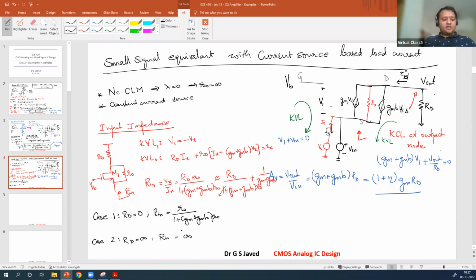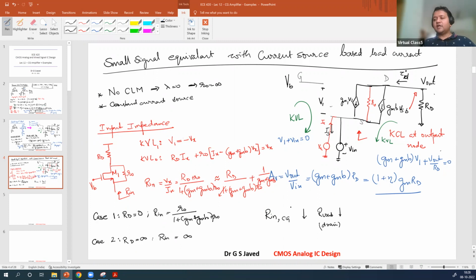So if your load impedance is a realistic value, then only the common gate stage has low impedance. Otherwise, the common gate input impedance will always be high. So the Rin of CG is low only if the load impedance at the drain is low.